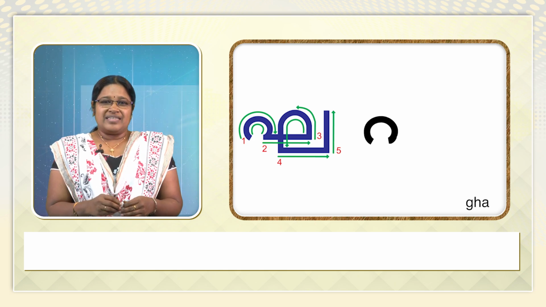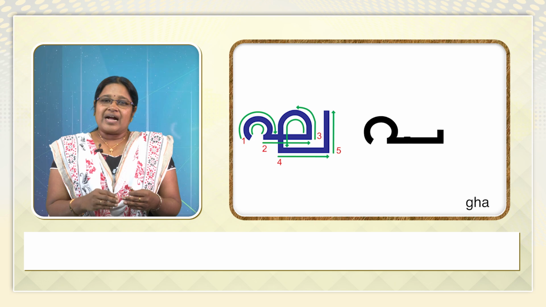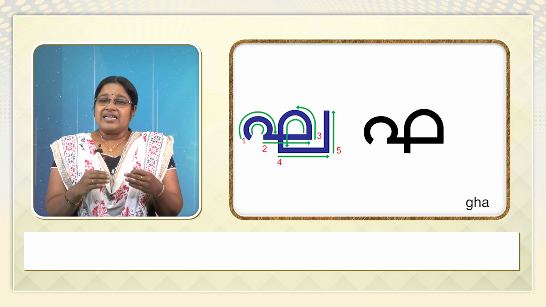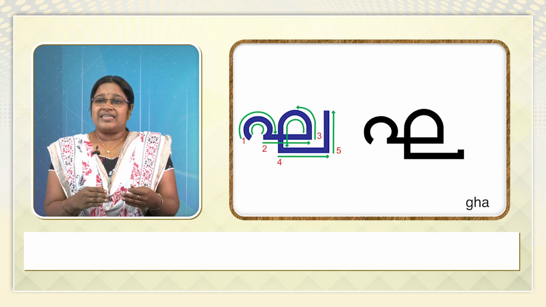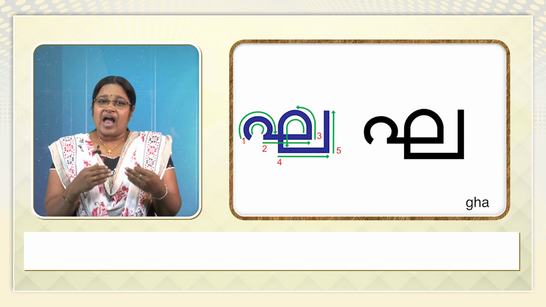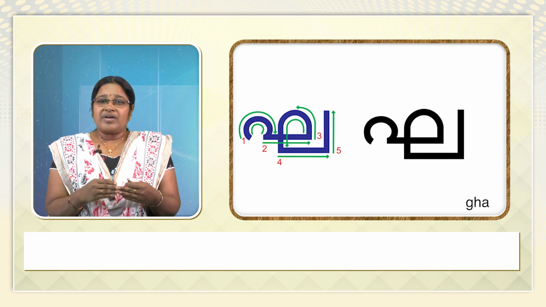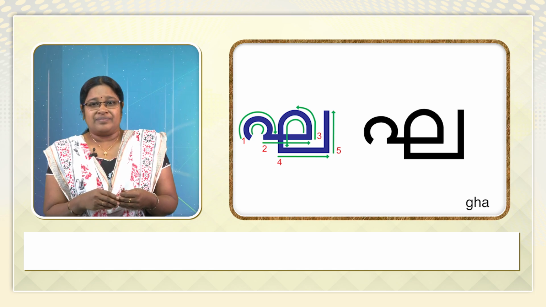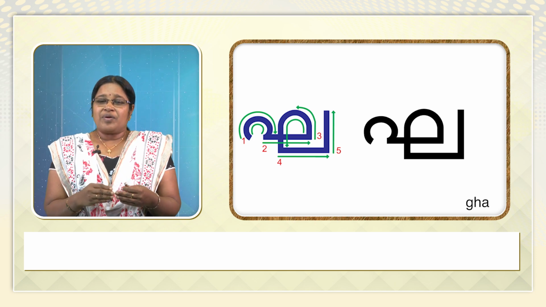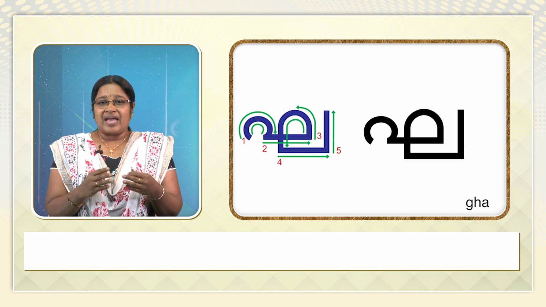While producing this sound, the air comes out from the lungs is stopped by raising the back tongue and makes a contact with the soft palate. The release followed by a puff of air. Megham, Khanam, Raghavan are the example words of this letter. Now, let's go to the next one.